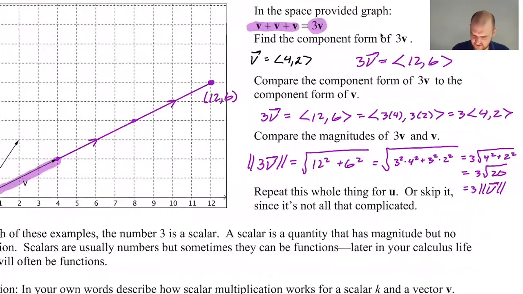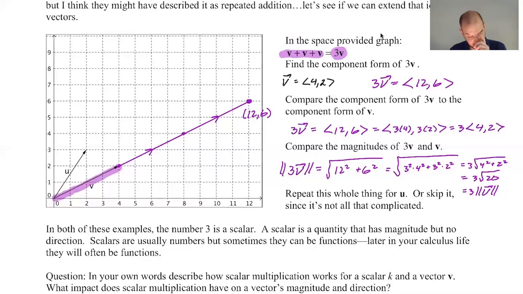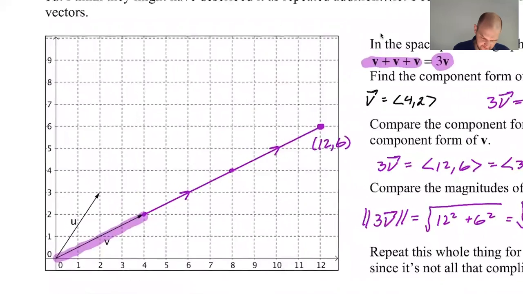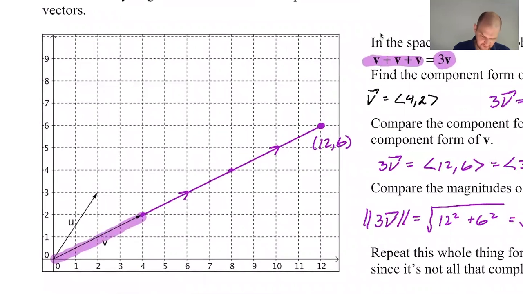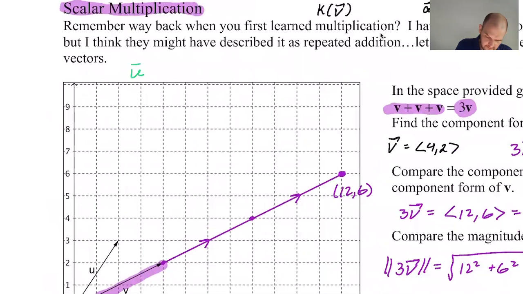We could repeat the whole thing for u, or we could skip it since it's really not that complicated. I'll draw it. So u is 2, 3.